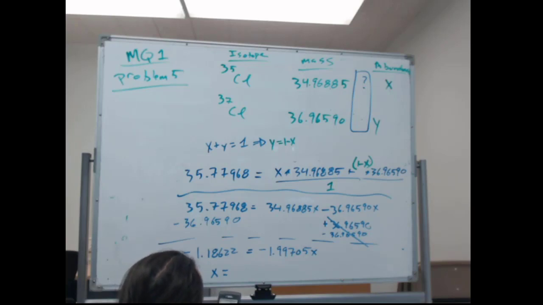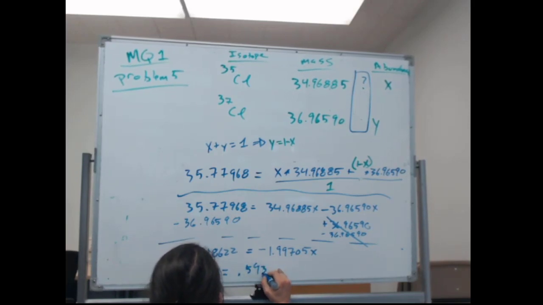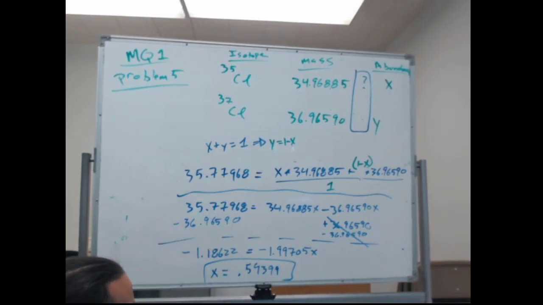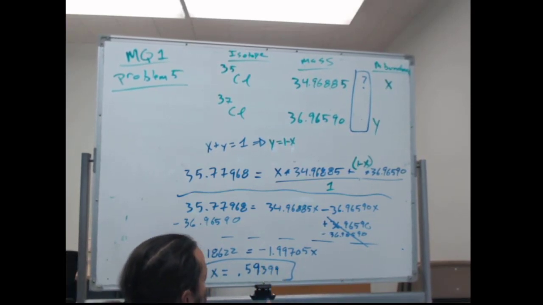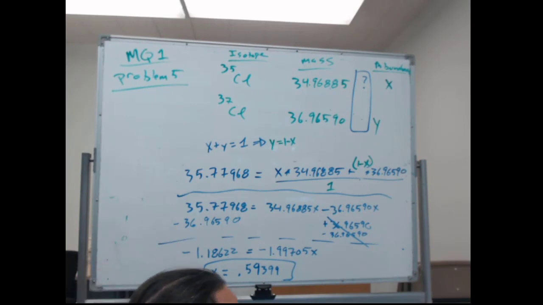Which, not surprisingly, as we expected, is pretty close to 50%. Well, actually 60%, but something bigger than 50%. It's not like 99%, it's not like 1%. It's close to 50% and a little bit bigger. So the expectations that we generated before we started punching things into our calculator make sense.